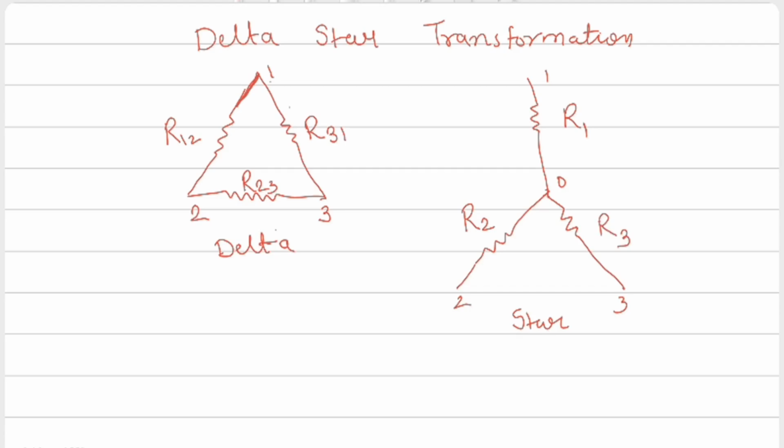Okay, so we'll go with delta to star and star to delta connections. Let us say that R12 of star should be equal to R12 of delta.